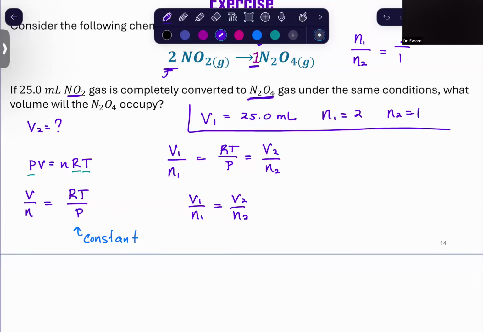And we're looking for V2, so we're going to multiply through by our N2. It's going to be V1, N2 over N1.